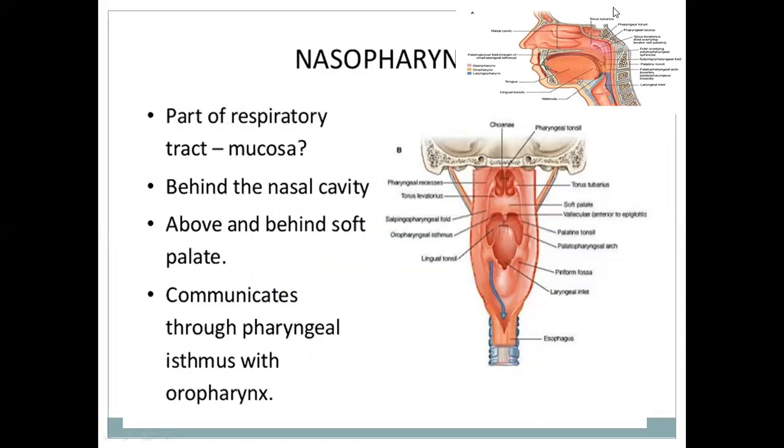The nasopharynx is behind the nasal cavity and on the upper surface of the soft palate. So this is the nasopharynx, behind the nasal cavity, and above and behind the soft palate. And this is the pharyngeal isthmus between the posterior pharyngeal wall and the soft palate.